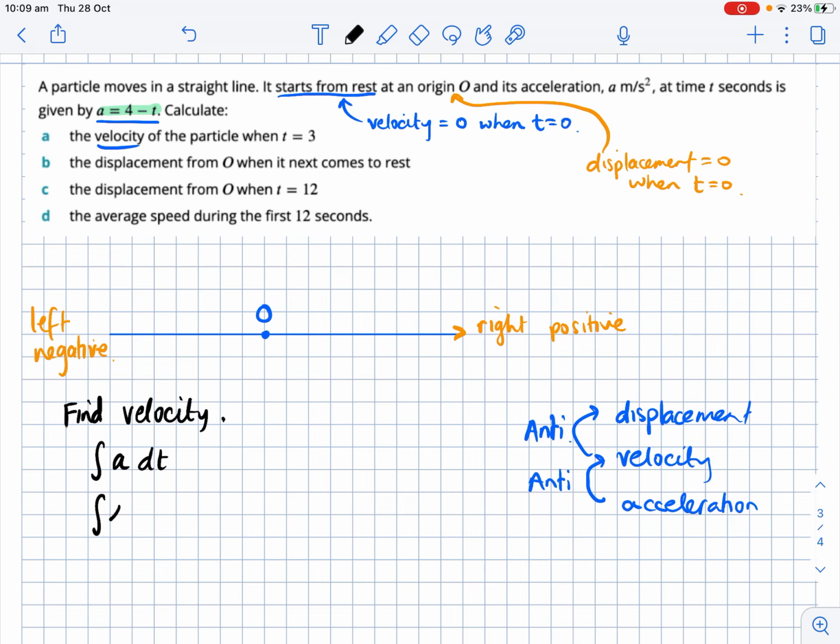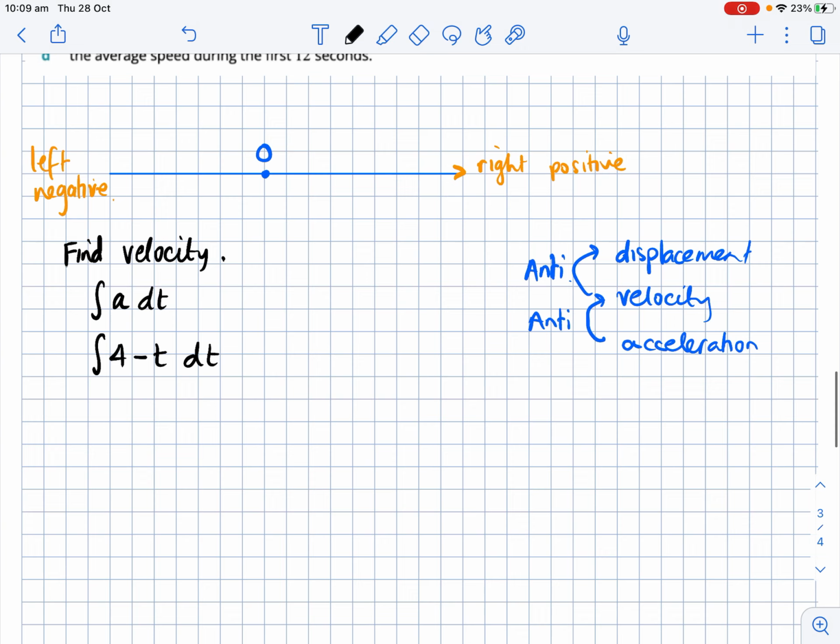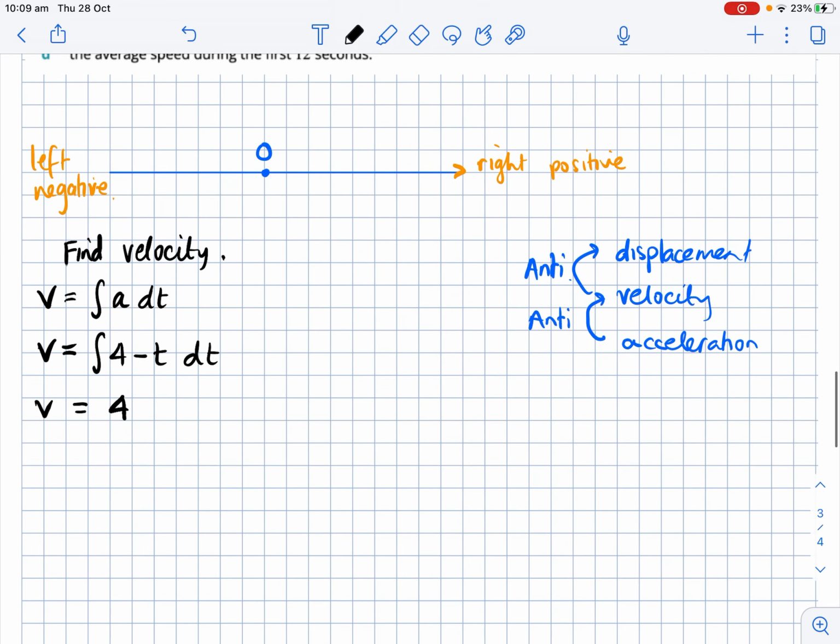So to do that I need to find the antiderivative of 4 minus t with respect to time, and when I anti-differentiate that, so I'll just put velocity is equal to the antiderivative of that, keep my notation going, I get 4t minus half t squared plus c. Now in this case, we don't know what c is, we have to find out what c is.